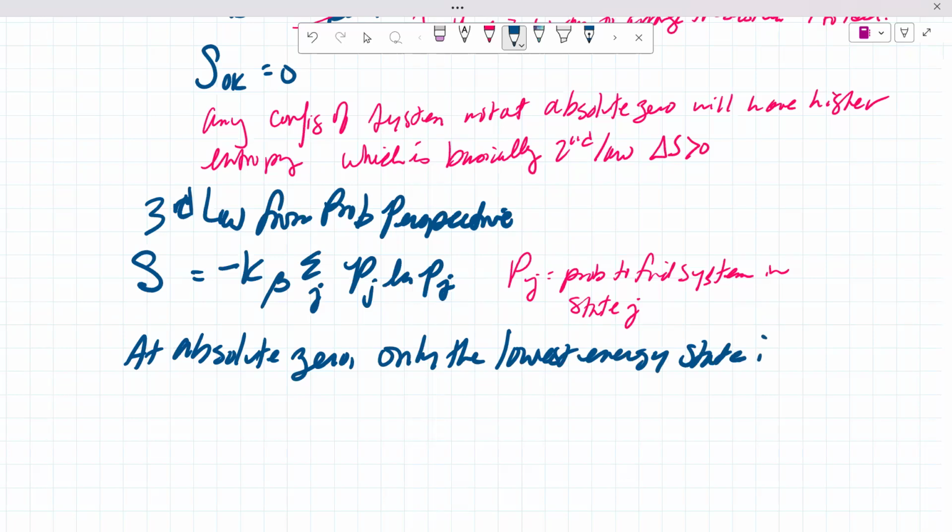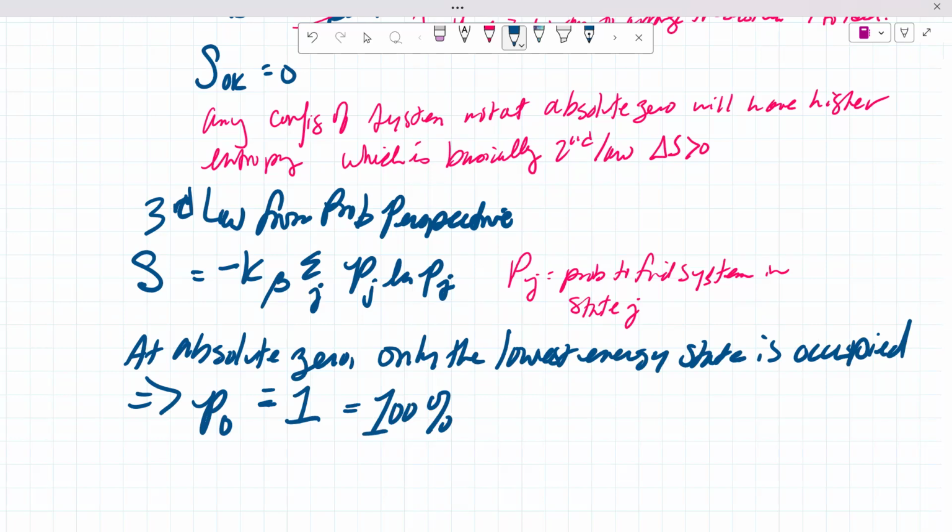In other words, we'd have P_0 equals 100%, and P_j for j not equal to zero equals zero.